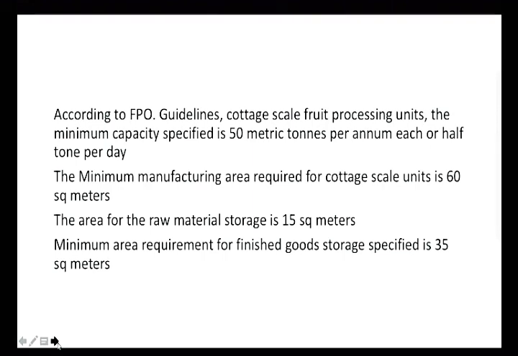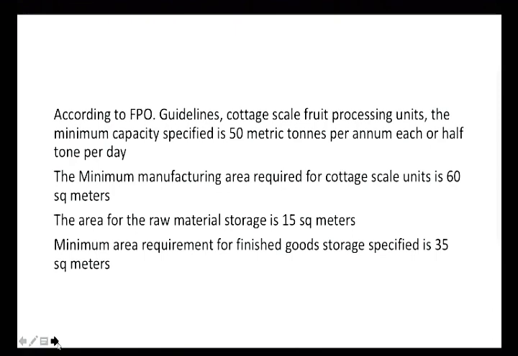So area for the raw material also you have to confine to a separate area. In that separate area, only 15 square meters of land area you have to allocate to the raw material inlet. Whenever you are establishing any kind of processing industry, the first thing is procurement of raw material.